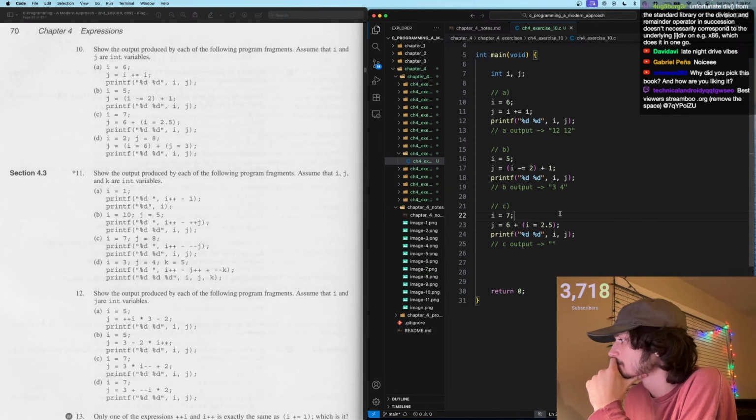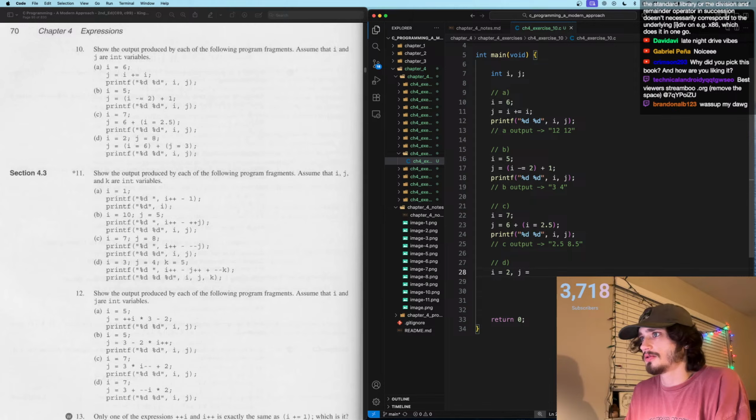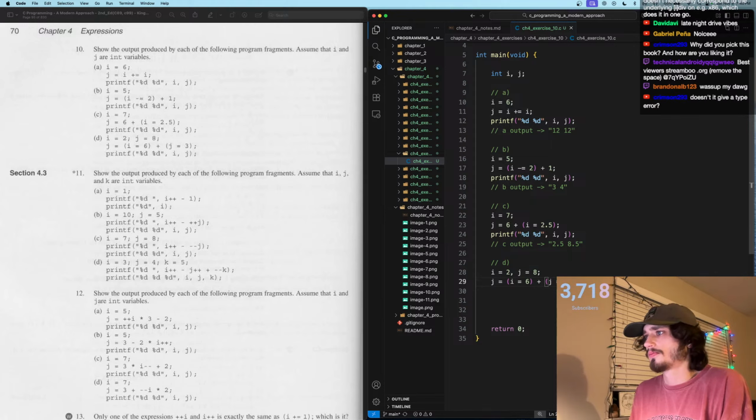D, I is equal to 2. J is equal to 8. J is equal to I equal to 6 plus J equal to 3. These are getting kind of crazy.